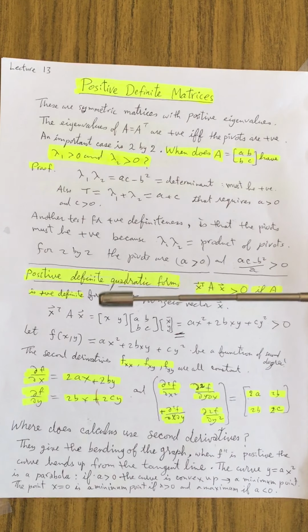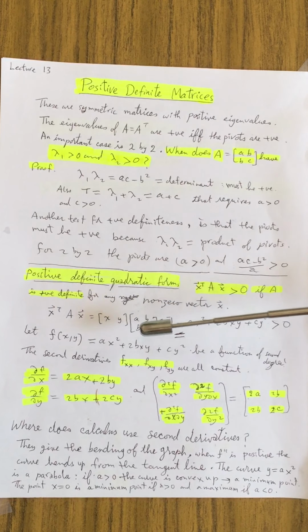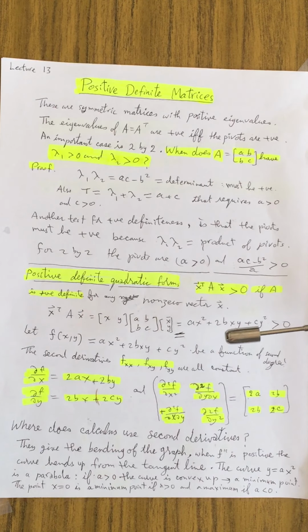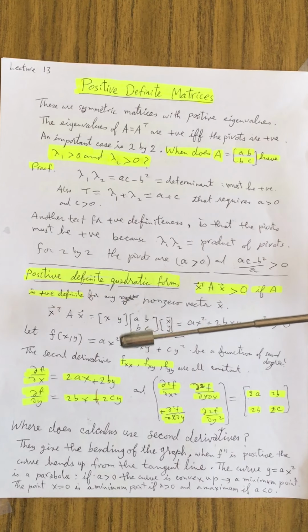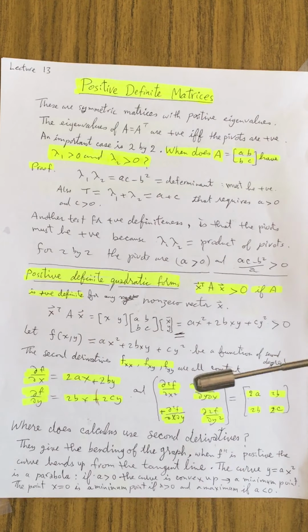So the function f of X and Y, AX squared plus 2BXY plus CY squared, is a function of the second degree. It is a nonlinear function, nonlinear in X and Y. The second derivatives of f with respect to X and Y, fxx, fxy, fyy, are all constant.